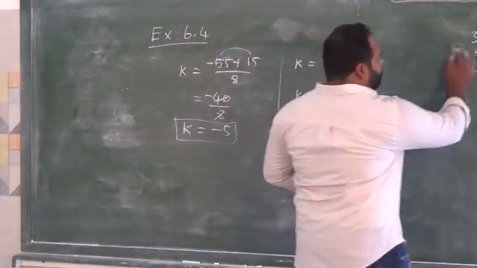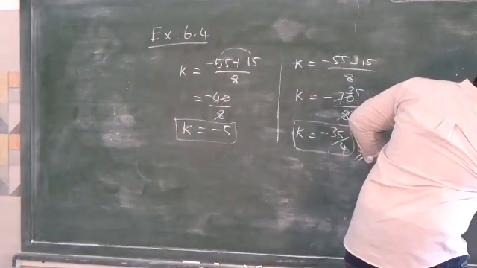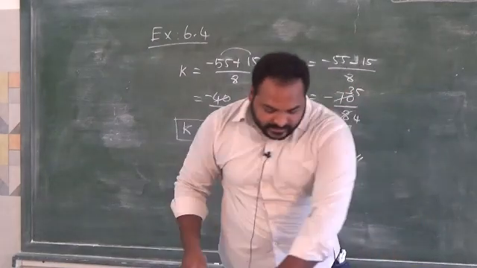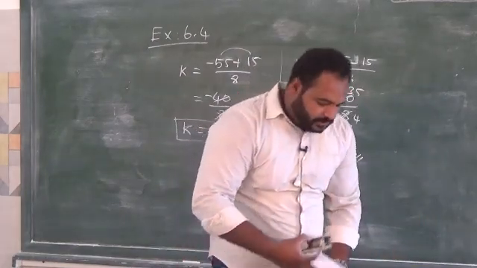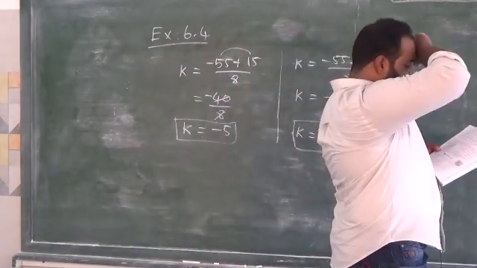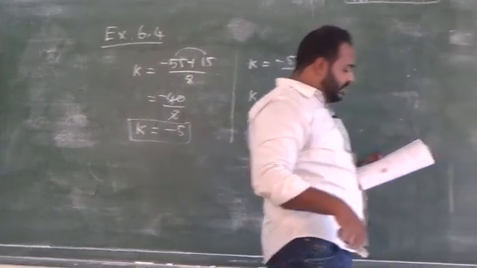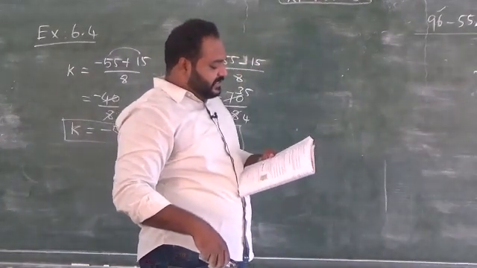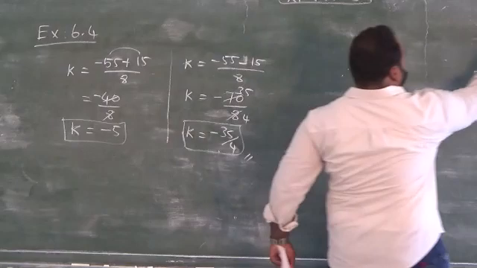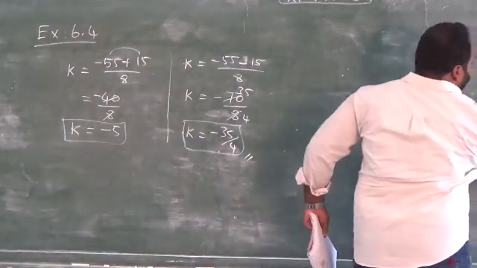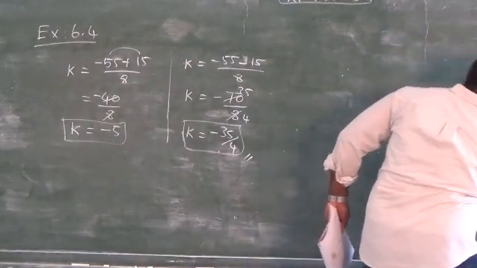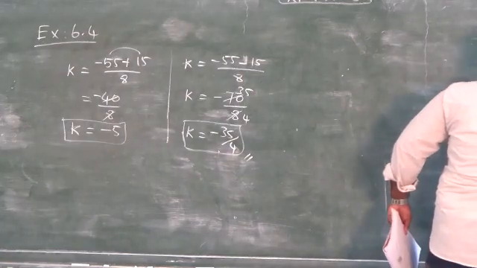Next, question number 14. Here the question is: show that the equation represents a pair of parallel lines. Find the distance between them. So here we have to prove the given lines are a pair of parallel lines.